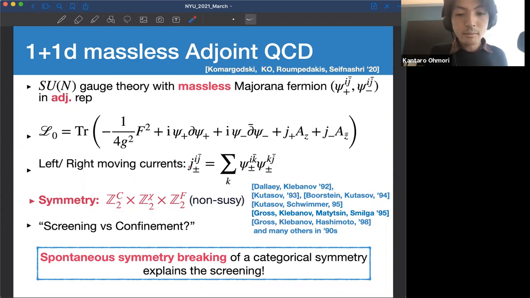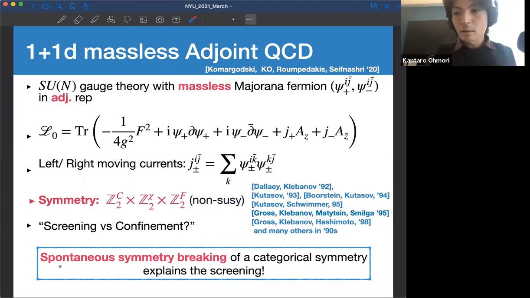This system was studied extensively back in the 90s. One of their main concerns was whether this system is in the confined phase or deconfined phase. So this is the title of the paper by these authors.